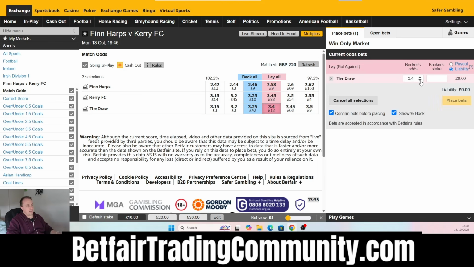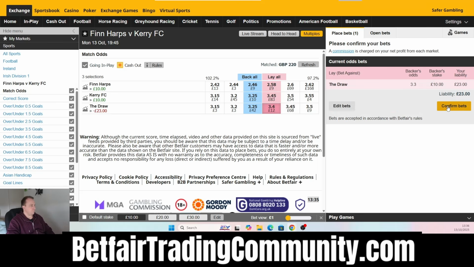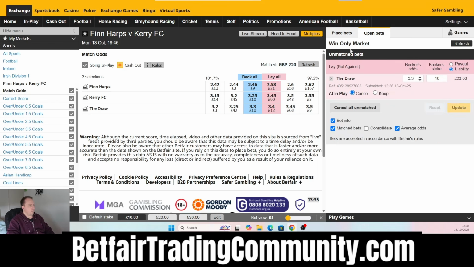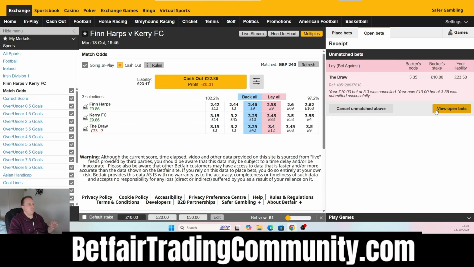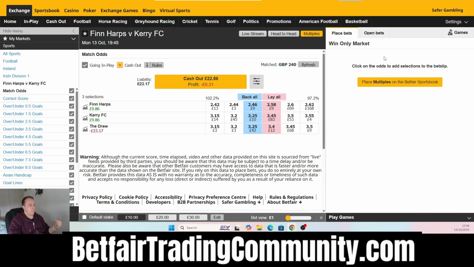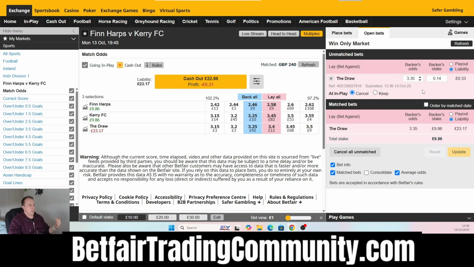Let's see what price we can get here. I don't think we'll get 3.3, but we'll have a go. Sometimes when you sit these bets, the market will actually just take that price. The only thing you don't want to do, you see, I've just got a 3.35 match there. So you don't want to sit there and just take 3.4 when you can get a better price, which ultimately, my liability would have been higher at odds of 3.4.